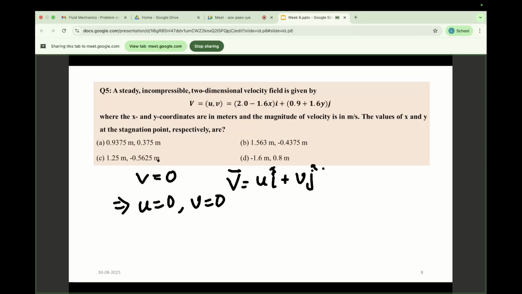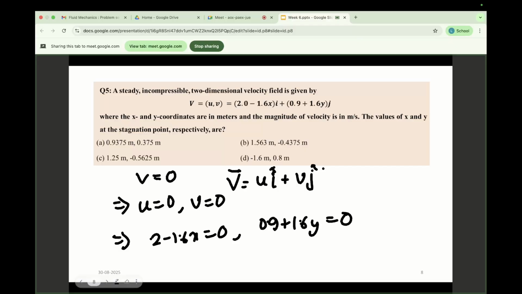As u equals 0, that means 2 minus 1.6x should be 0, and for v, 0.9 plus 1.6y should be 0. Therefore x should be 2 by 1.6.